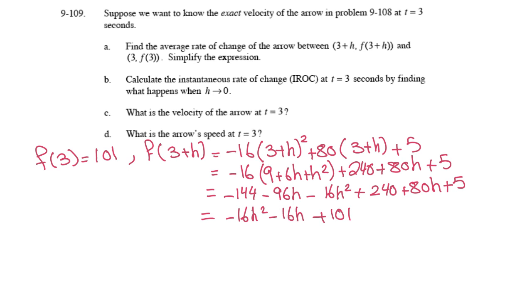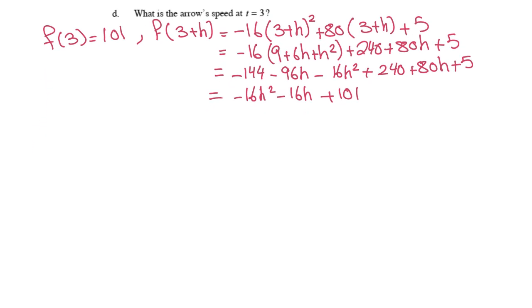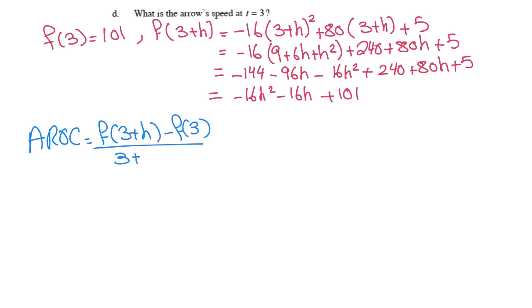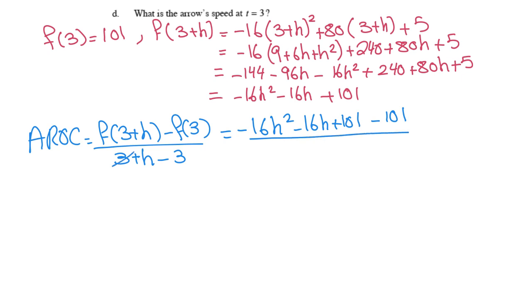Now I have all of my work ready in order to figure out the AROC and the IROC. So your AROC is equal to f of 3 plus h minus f of 3, divided by 3 plus h minus 3. Your f of 3 plus h is negative 16h squared minus 16h plus 101, minus f of 3, which is 101, divided by 3 plus h minus 3.